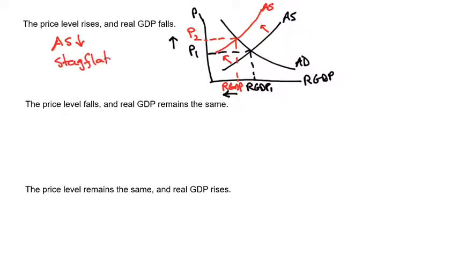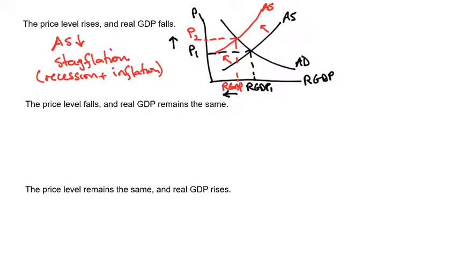Stagflation, that is the combination of recession and inflation. So we have this increase in the price level causing prices to go up and a decline in the total output causing a recession.